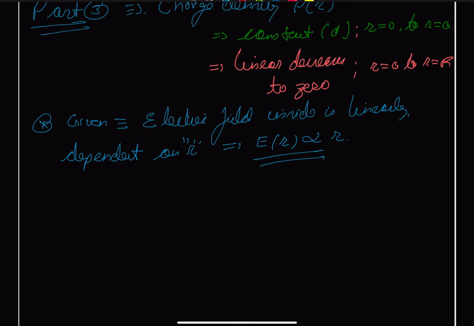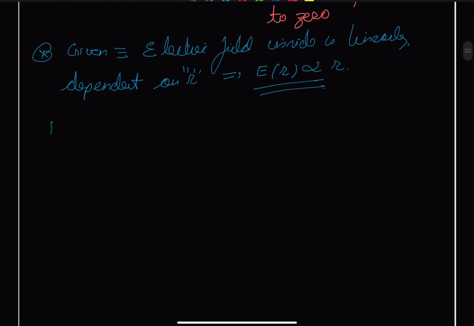And therefore, with the help of Gauss law, we can write that our electric field will be equal to 1 upon 4 pi epsilon naught, times the charge enclosed, but this charge has to be within this radius r, divided by r square.